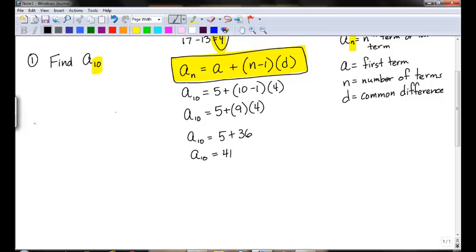Let's number this. Let's put this number 1. Number 2, find the specified term of each arithmetic sequence.